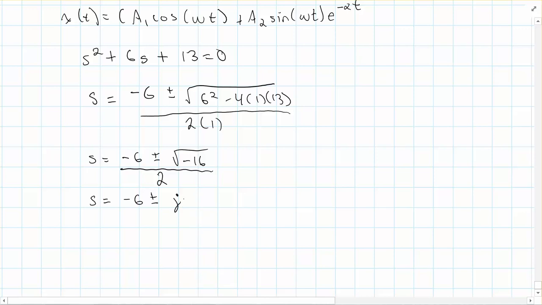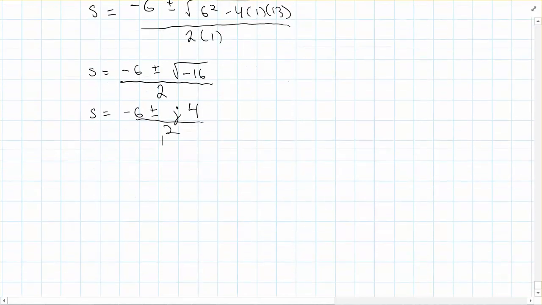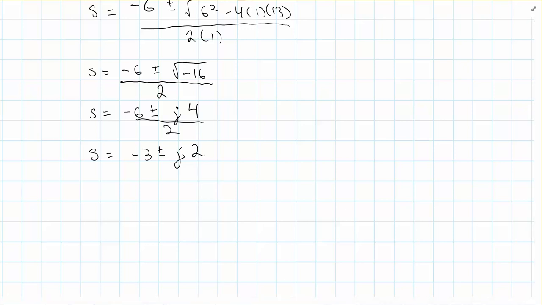Do not use i, i is for current. So we have j4, because the square root of 16 is 4, and we just get the imaginary number because of the negative, all divided by 2. So s is equal to negative 3 plus or minus j2. So just to remind you here, this is my omega and this is my alpha.